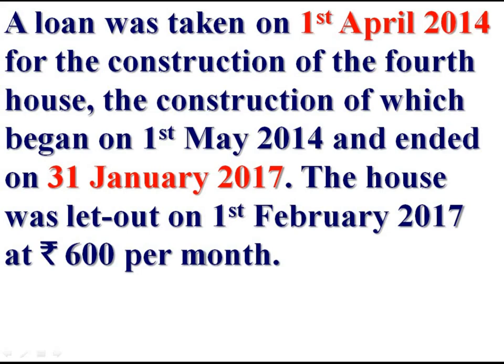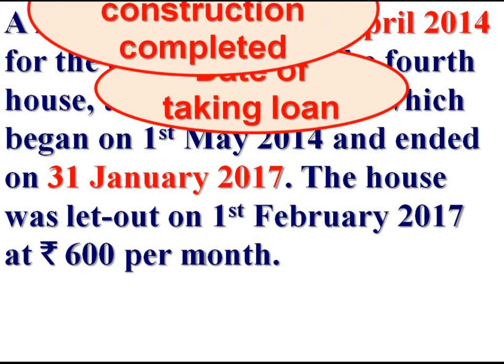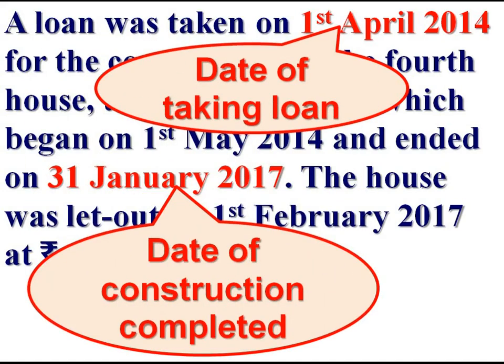Here we have to note two dates. First, date of taking loan, 1st April 2014. Second, date of construction completed, 31st January 2017. There was a loan before the construction was completed. Therefore, there is interest prior to construction, or pre-construction interest.